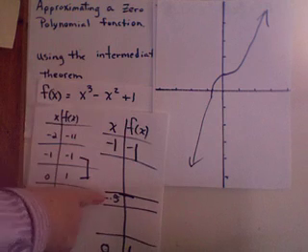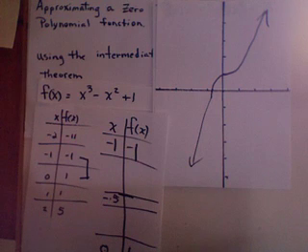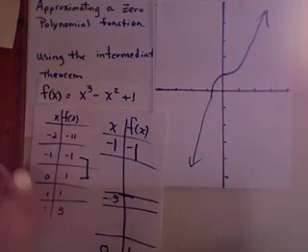Table set, and I'm going to set it at negative 0.5. Then I'm going to look at the table, which is the second table key, the yellow button and the graph button. And at negative 0.5, it's 0.625.